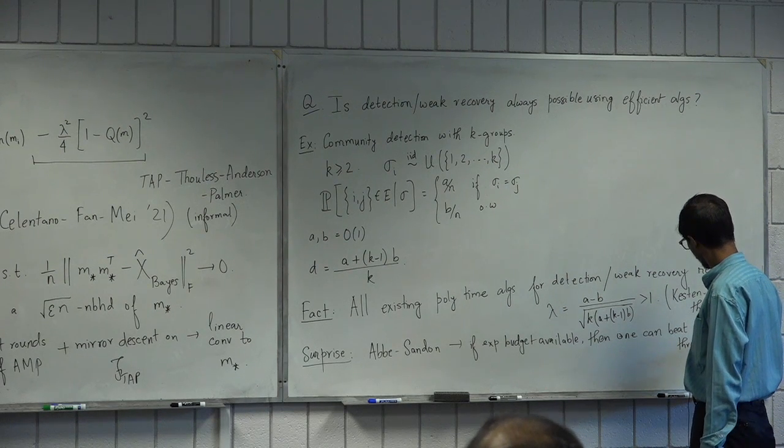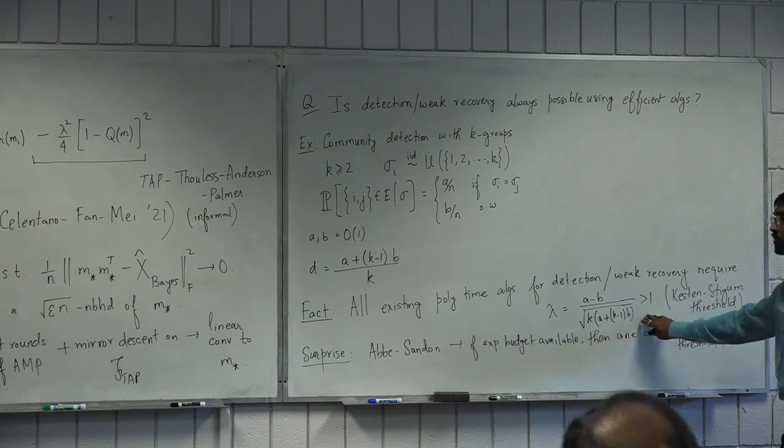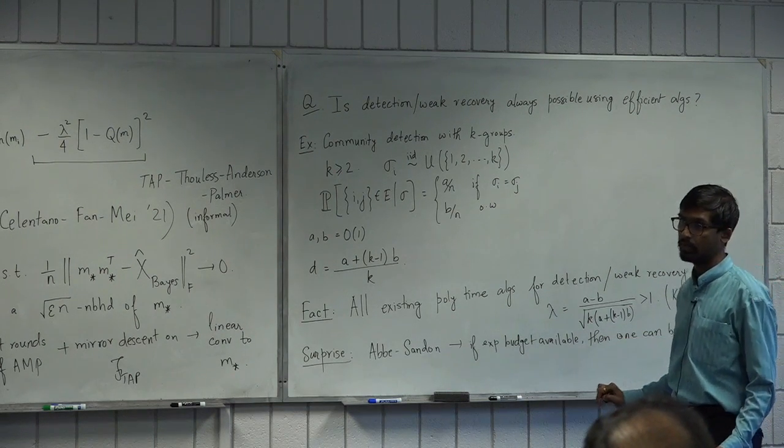So in fact, if you had exponential computational budget, you can actually beat this threshold. You can go below, right?